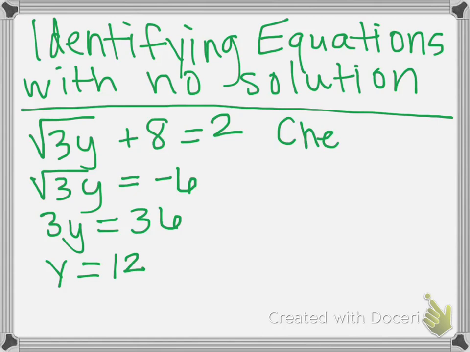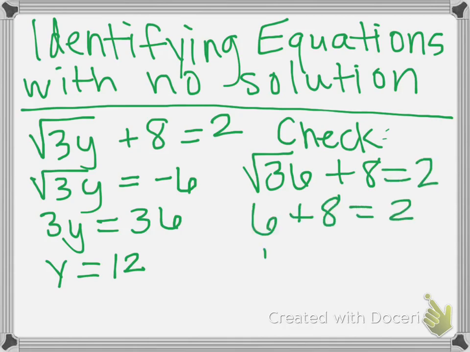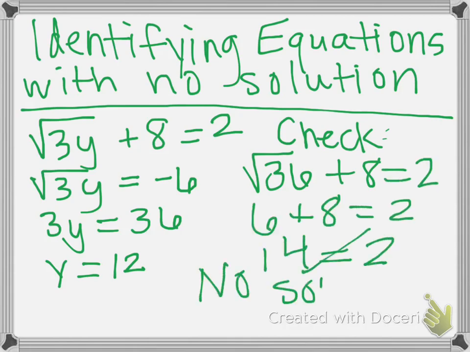Now, we need to plug that 12 back in in order to see if it works out. So it'll be 6 plus 8 equals 2. 14 does not equal 2. So this equation has no solution. No real number solution, I should say.